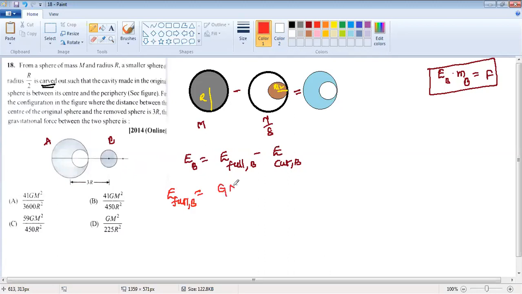That's GM by (3r) whole square, which equals GM by 9r square.